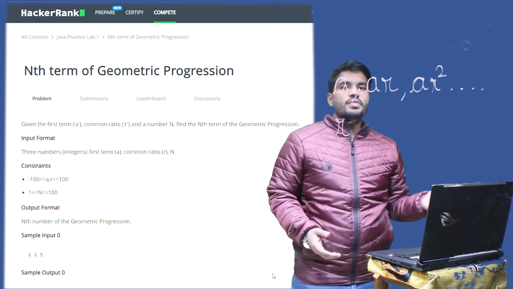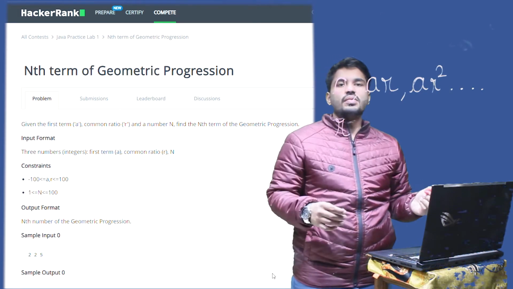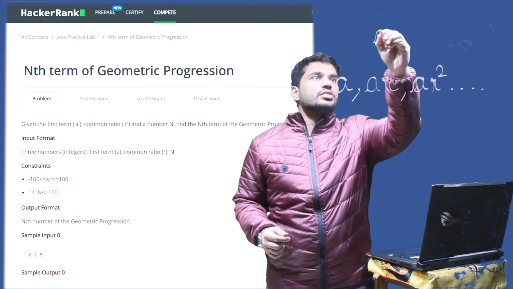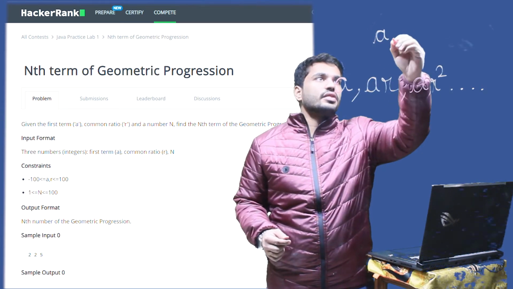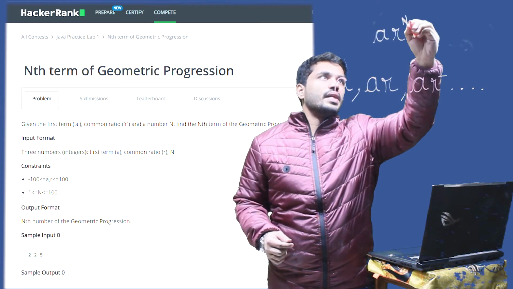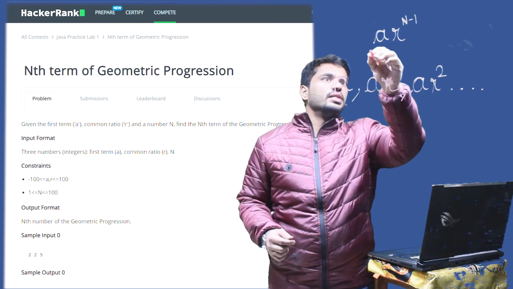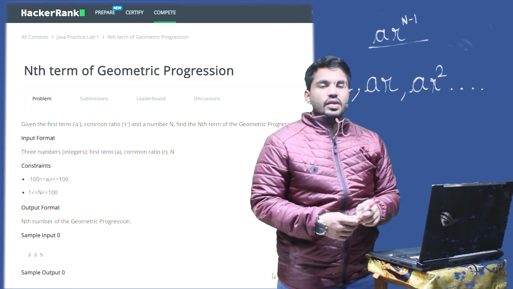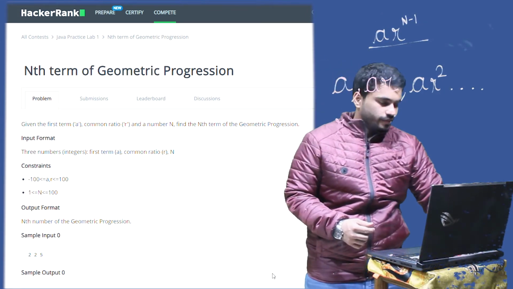So we have a very simple formula to calculate the nth term of a geometric progression. You can also see from the pattern that this will match: A, R to the power n minus 1. This is the value of the nth term in a geometric progression. Okay. So let's see how we'll code this.